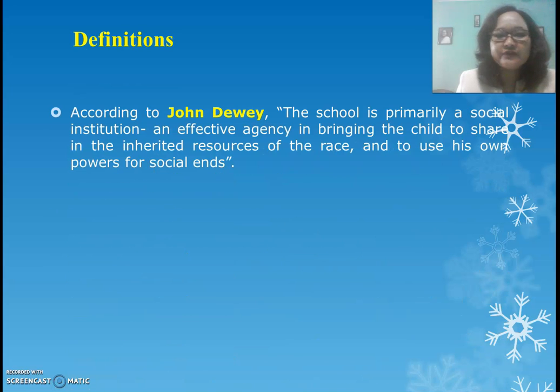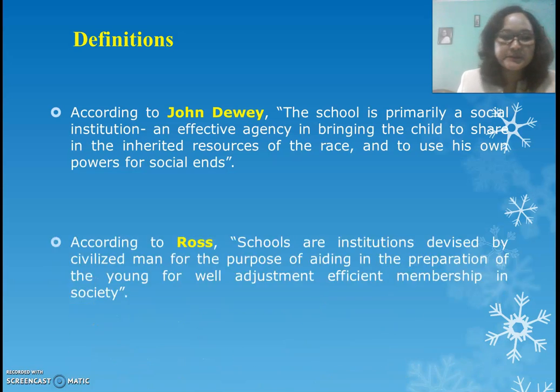Let us see a few definitions regarding school. According to John Dewey, the school is primarily a social institution, an effective agency in bringing the child to share in the inherited resources of the race and to use his own powers for social ends.